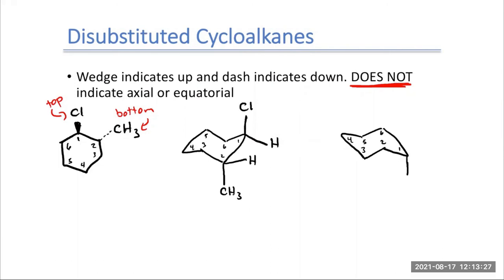That means at carbon 1, I'm going to have my two substituents. Here, the hydrogen's on the bottom side. Hydrogen stays on the bottom side. The chlorine, since it's the wedge, stays on the top side. And then my next one, carbon 2, hydrogen's on the top side, just like here.